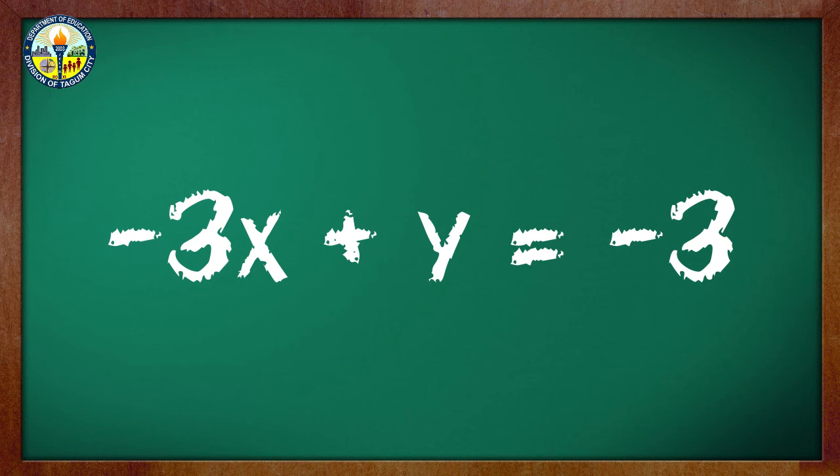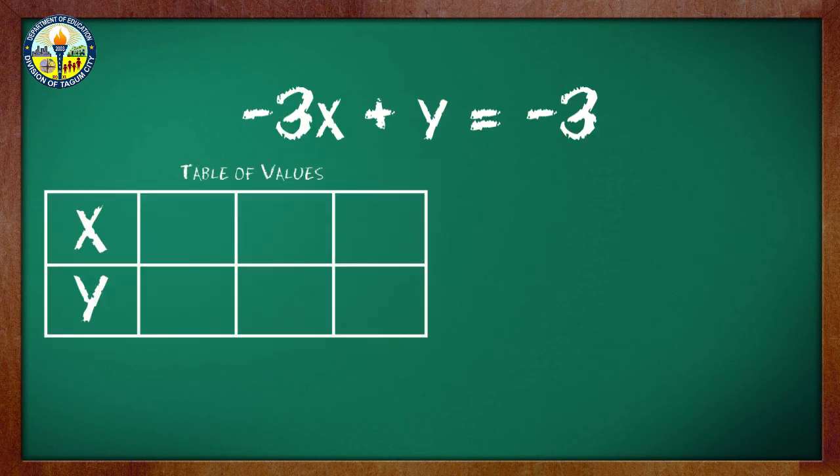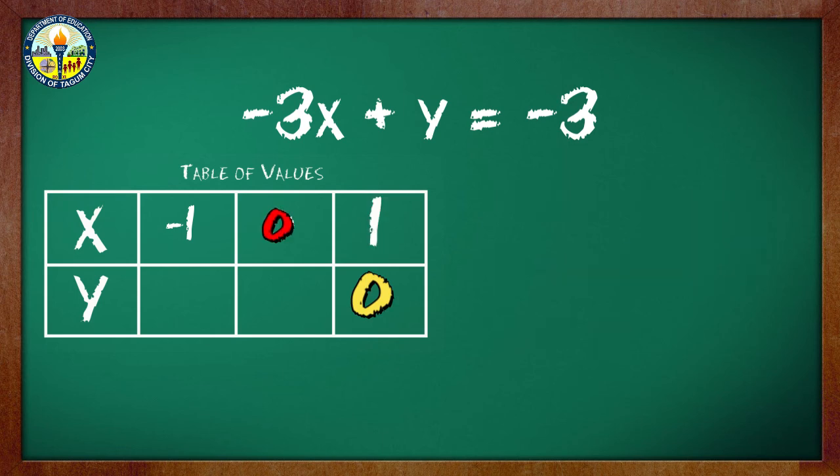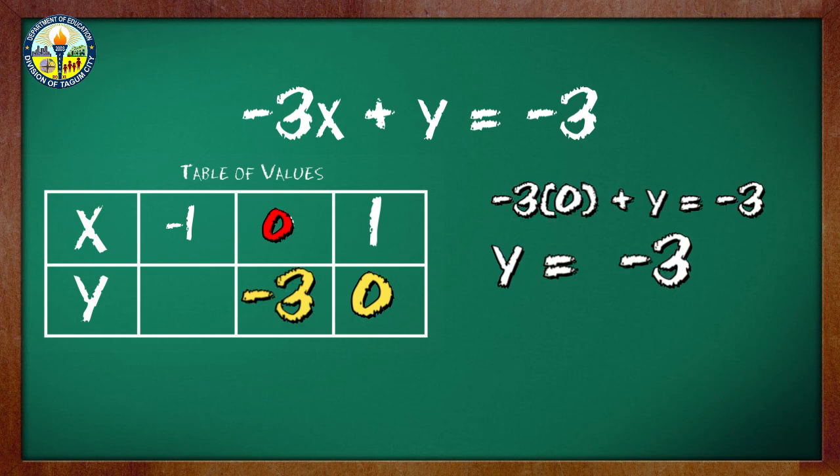Number 2, establish the table of values for x and y using 1, 0, and negative 1 as the values for x. So, when x is 1, y is 0. When x is 0, y is negative 3.